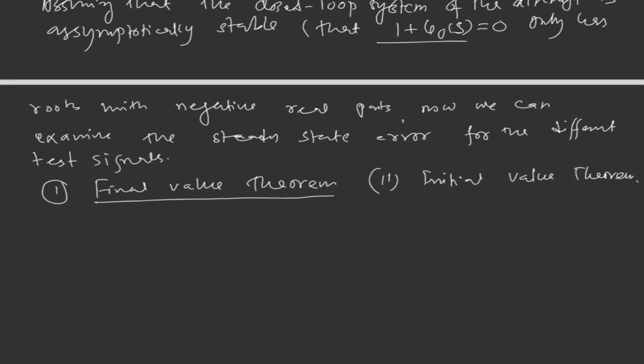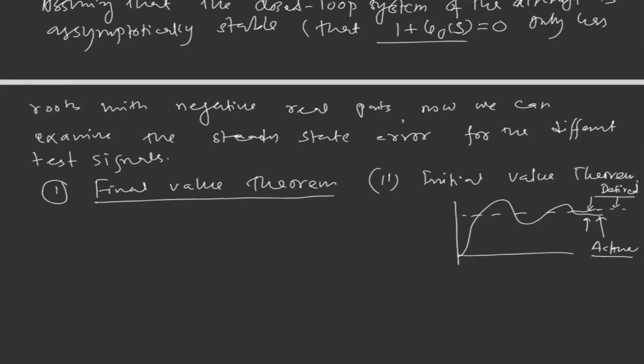If you look at the response, the dotted line is my desired response, and this is the actual one. Using the final value theorem, we'll find the error between the desired value and the final value.